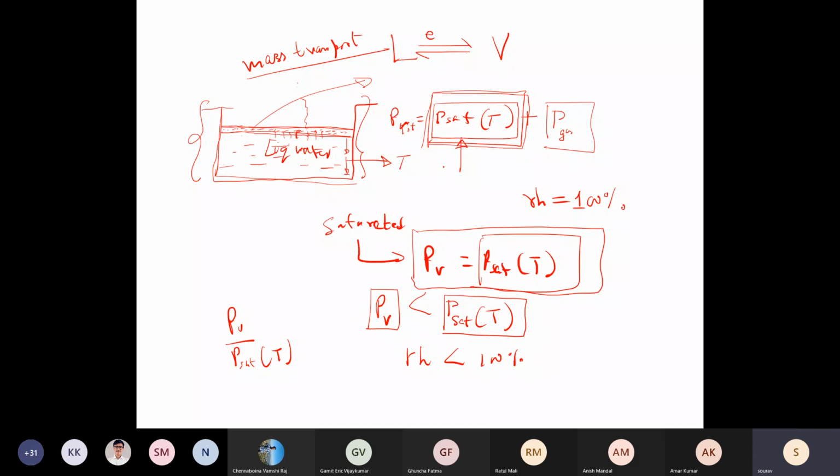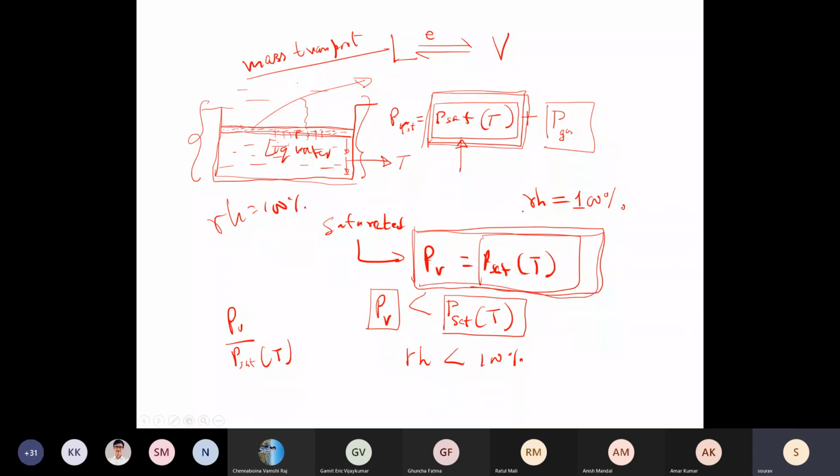Okay. Now you would have heard maybe in your school or maybe in some other forums or news that when you have RH equals to 100% or when it is very humid, you get rainfall or you have dew formation. So what happens is when you have air which is fully saturated, that is the PV over there is equal to the PSAT.